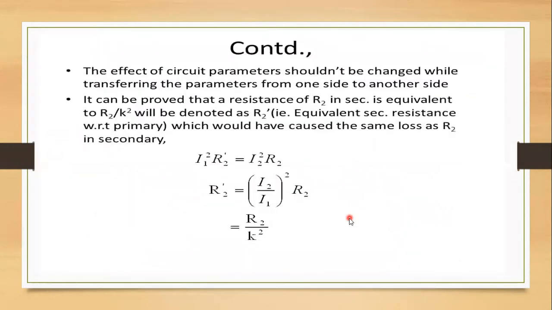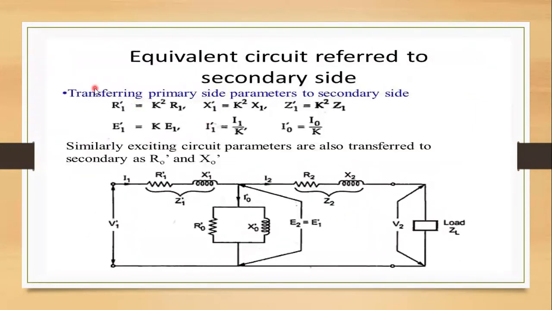So this is the equivalent circuit referred to the secondary side of the transformer. Transferring primary side parameters to the secondary side means R1 becomes R1', that is K square times of R1. This side is the primary side, and this is the secondary side.